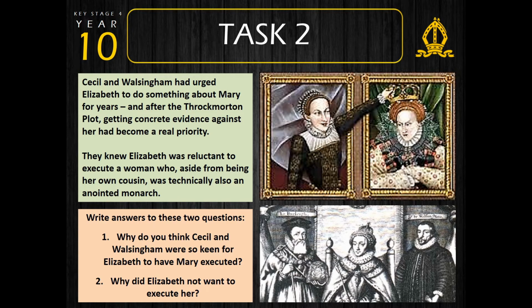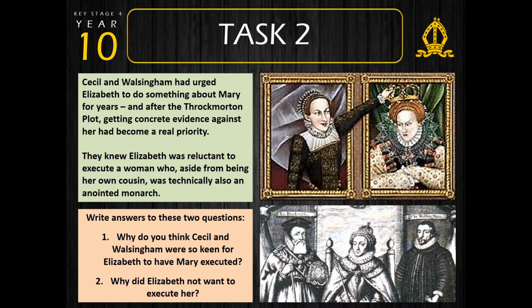The second one, however, is why did Elizabeth not want to execute her? And of course, there are two reasons here. Number one, she's her blood relative, and she doesn't want to kill her relative. Secondly, she's an anointed monarch. She's a crowned queen. Elizabeth wants to be very careful about setting a precedent.